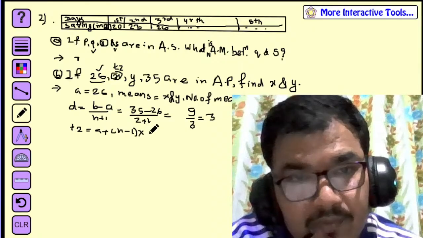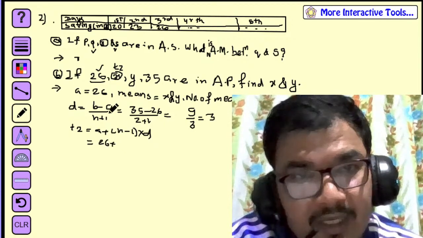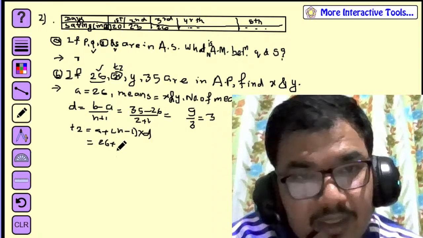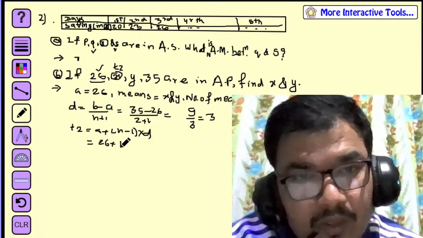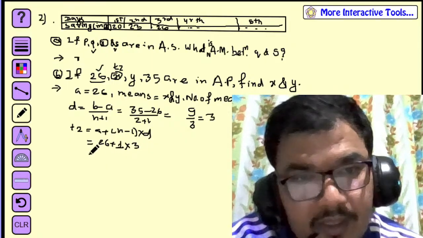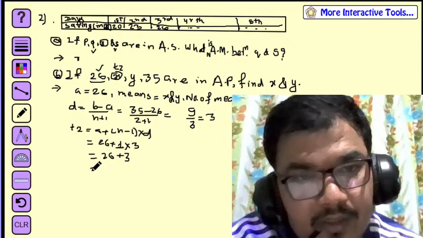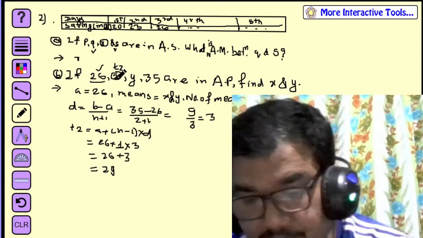Here a, the first term, is 26, n is 2 so 2 minus 1 is 1, and the common difference is 3. So 26 plus 3 equals 29. This is the value of x.